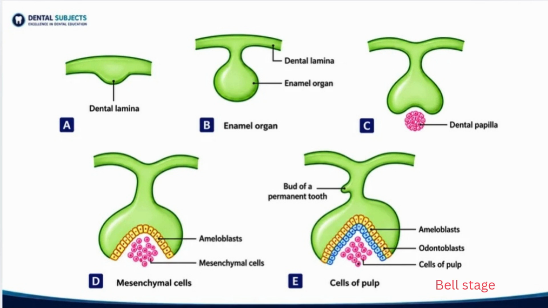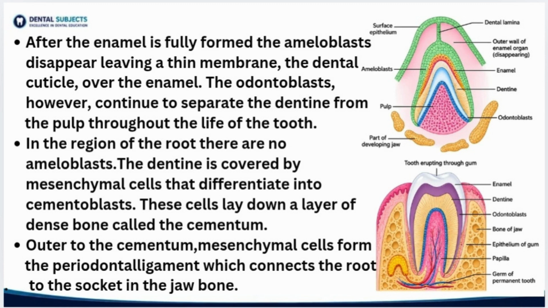The differentiation of mesenchymal cells into ameloblasts forms the enamel. Enamel is the outermost covering of the tooth. Then the odontoblasts form the dentin. It is the second layer of the tooth.